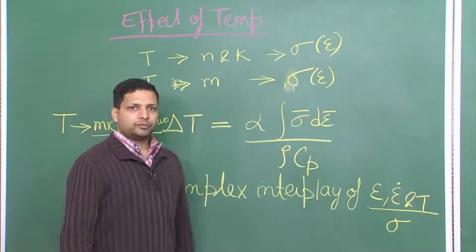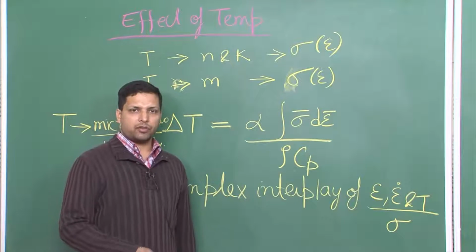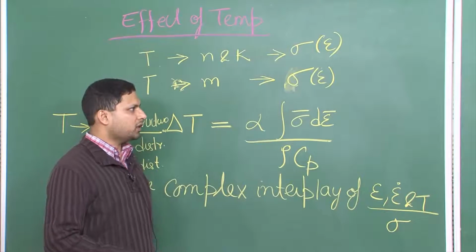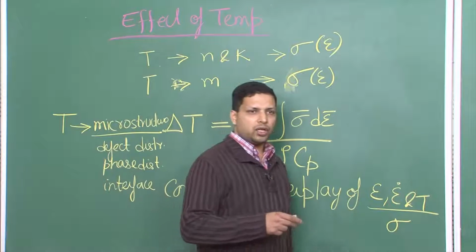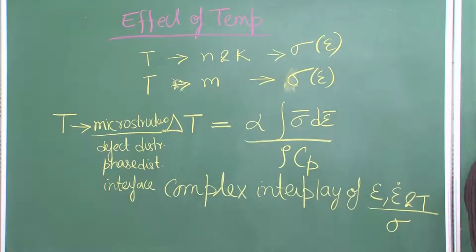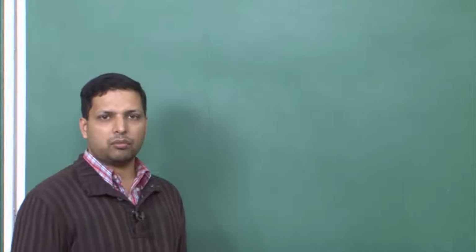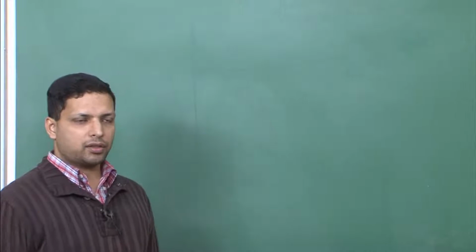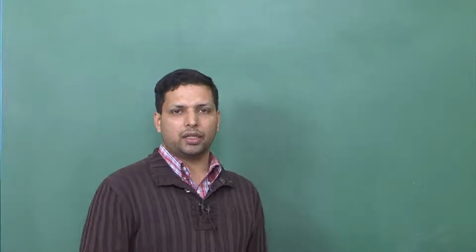Now that we know that temperature affects stress and strain, it is time to look into why we have the three domains. We have already discussed the why part, but let us look at it in a little more detailed way.